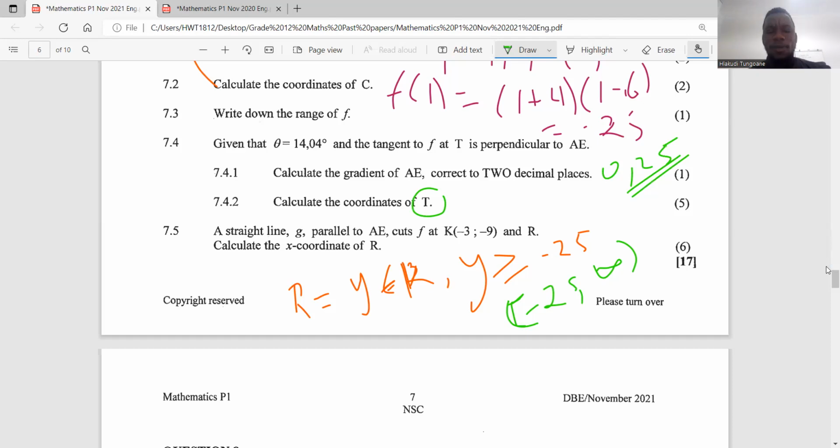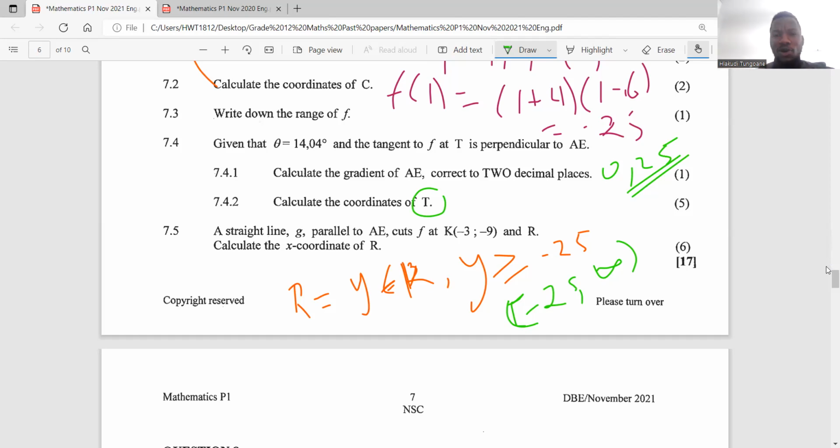So if we know the equation for one of the two, either the tangent or the function, then you can substitute the x value at that point into one of the functions to get the y value that corresponds to that x value.